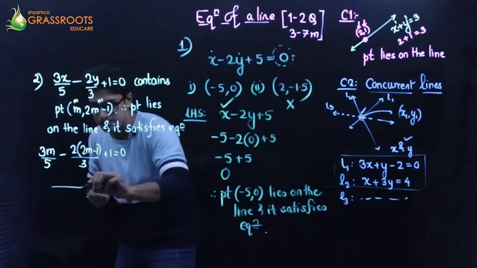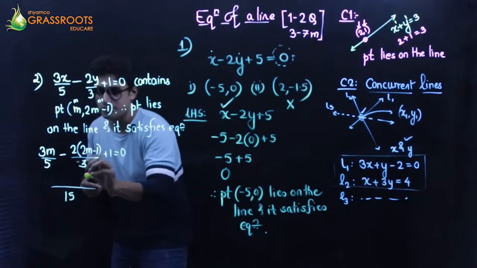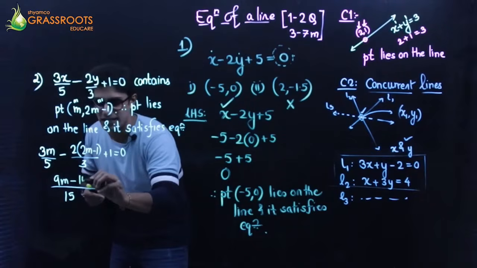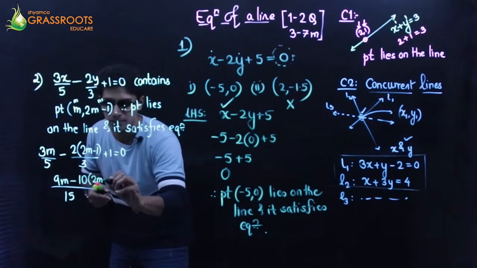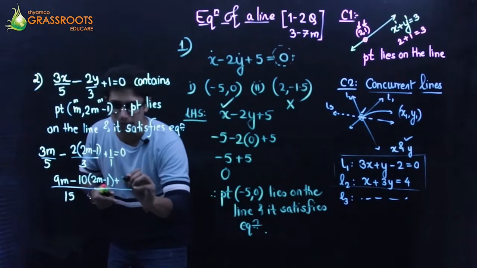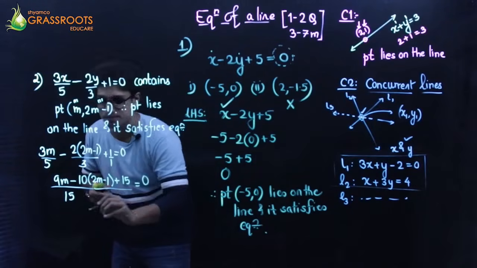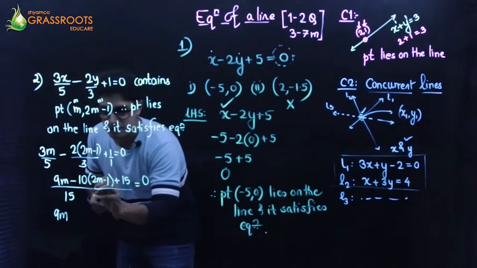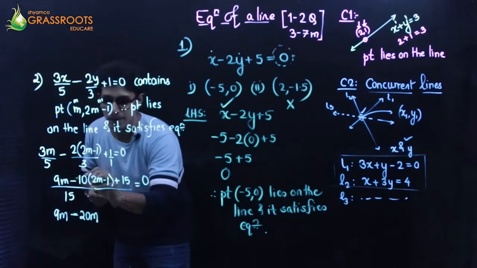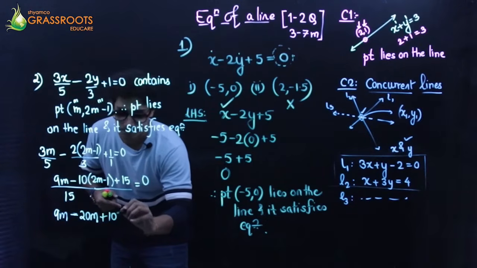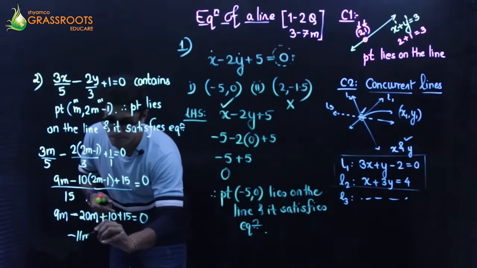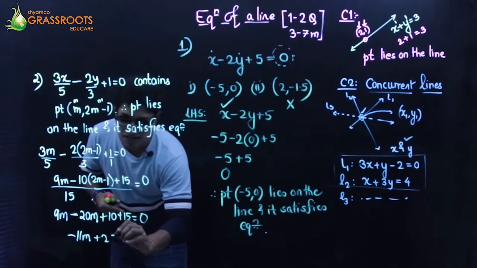Take the LCM. LCM is 15. Cross multiply. This becomes 9m minus 5 twos are 10. Don't open the bracket now. You can write 1 upon 1 plus cross multiply, 15 is equal to 0. So you get 9m minus 20m plus 10 plus 15 is equal to 0. You get minus 11m plus 25 is equal to 0.